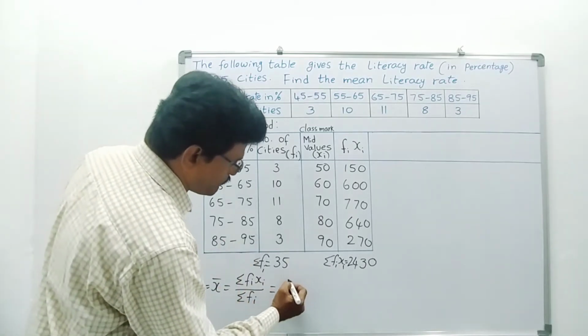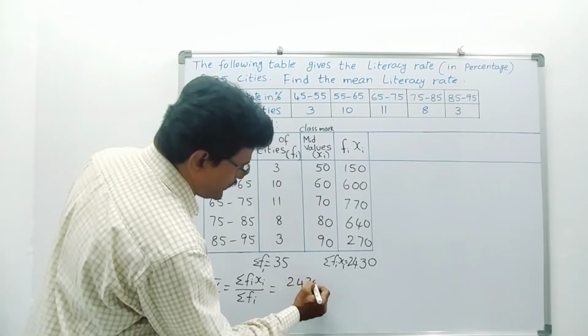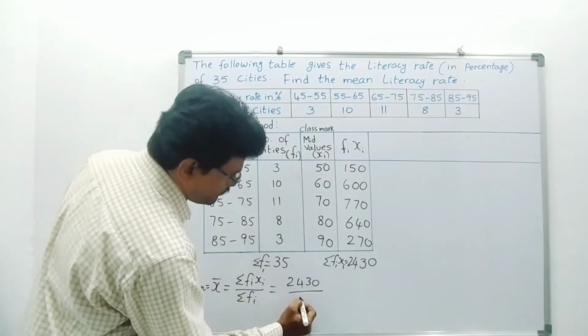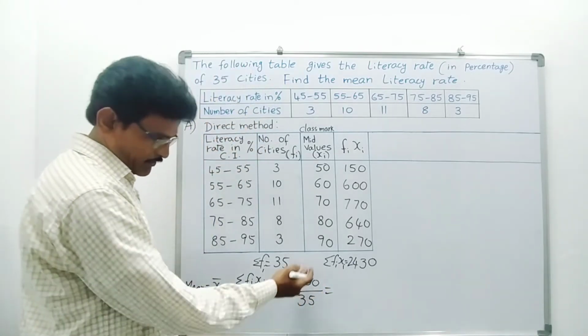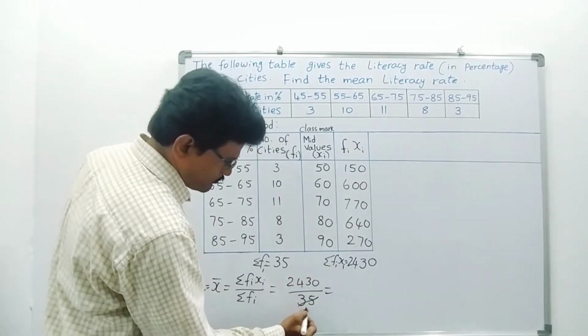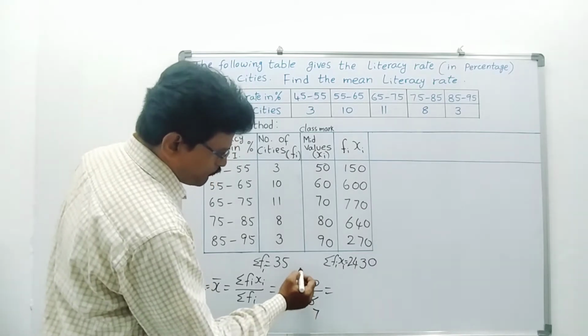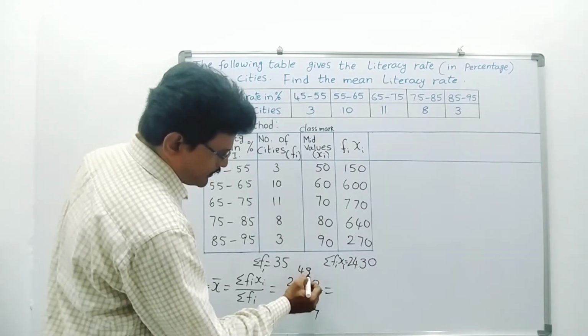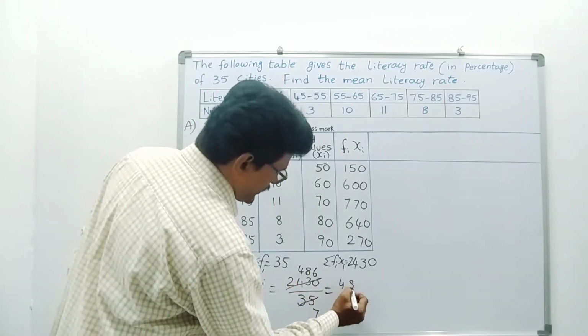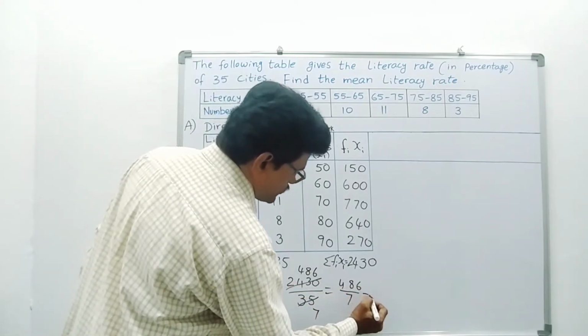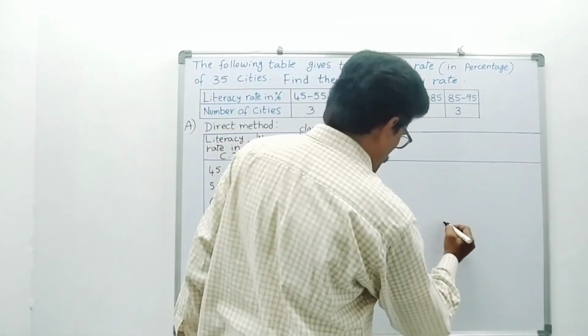You know sigma Fi Xi is 2430 and sigma Fi is 35. Cancel by 5. 5 7s are 35, 5 4s are 20, 5 8s are 40, 5 6s are 30. So how much are you getting? 486 by 7. So divide this.